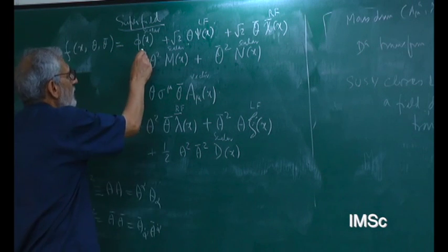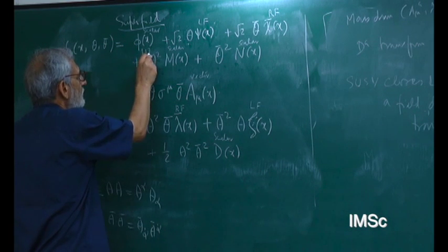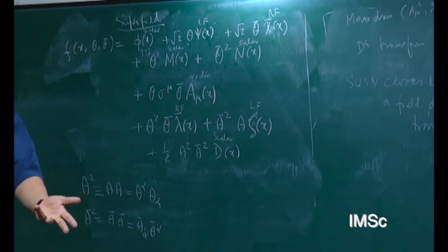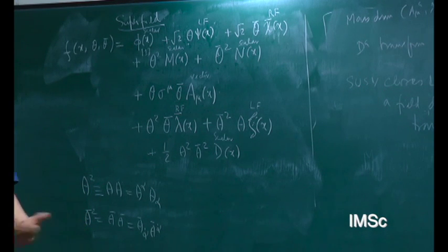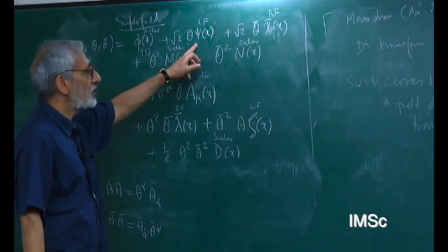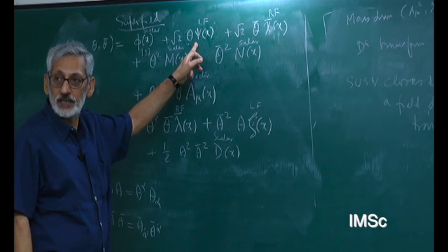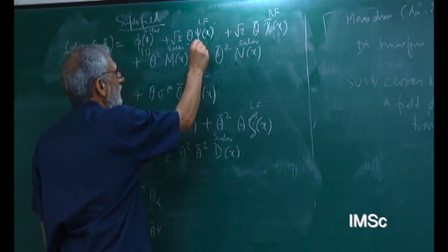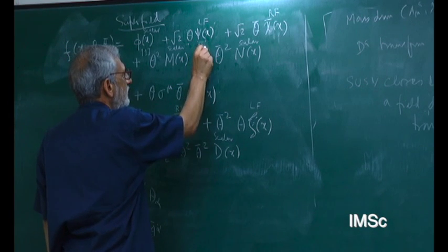And if I put mass dimension 1 on this, because it's a scalar field, so I take a physical scalar field. This is mass dimension 1. Mass dimension of theta is minus half. So this fermion is mass dimension 3/2.